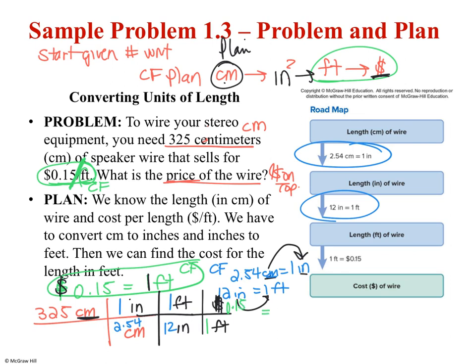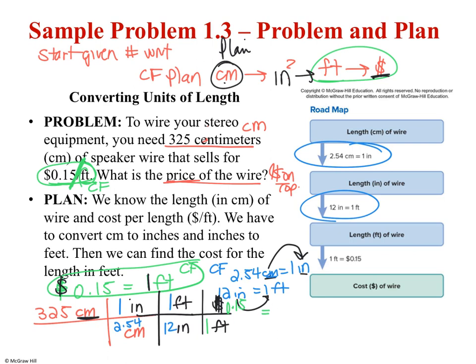Now, you can get your calculator out and go 325. You can multiply by 1. Well, it's going to be 1. Divide by, we just go from left to right, divide by 2.54. I hit an equal sign. And then I'm going to take that number, divide by 12.